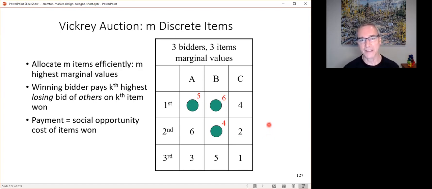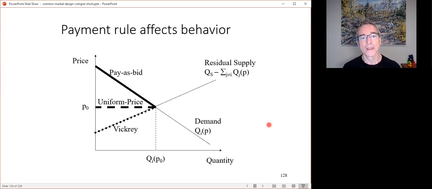So that's the extension. In the picture with a continuum of goods, the fully divisible good, then paying along the residual supply curve is the equivalent notion of opportunity cost, which if you think about it, you can reason that that's going to be the case.